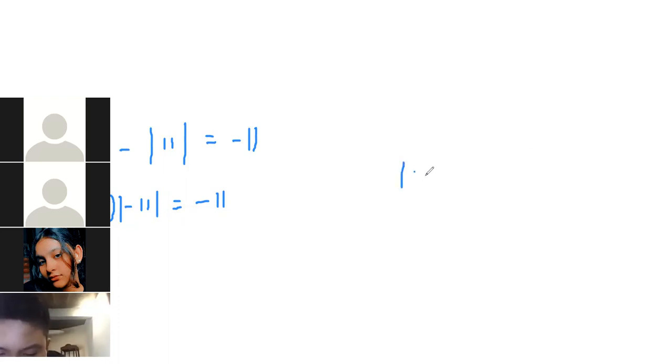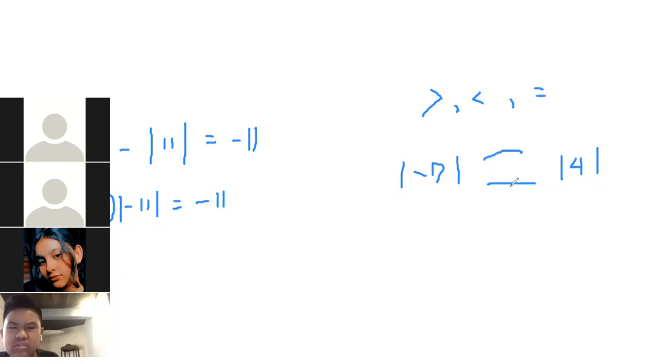So, if we have here -7, then the absolute value of 4. So, we have the absolute value of -7 and the absolute value of 4. We're going to compare this using greater than, less than, or equal. What will be our comparison? Is it greater than, equal, or less than?